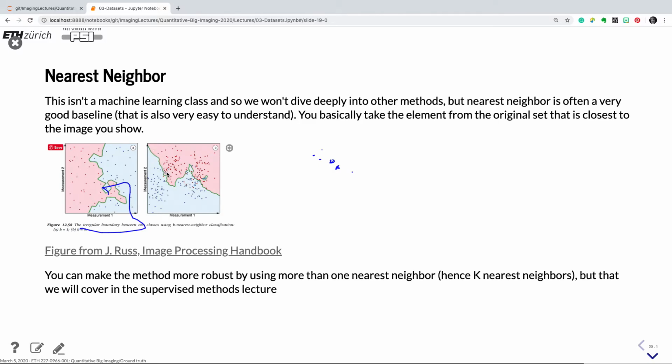The more neighbors you have, the clearer the separation line is. Even though you can have some blues on this side and some reds on this side, you have a much clearer line between them. So that's a way to handle noise in the measurements. I will come back to that in a later lecture.